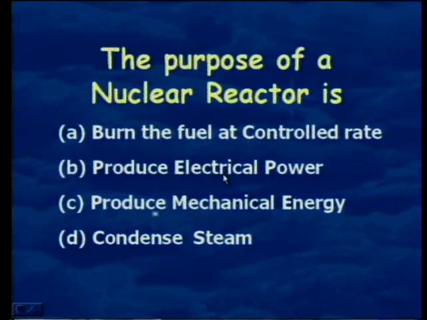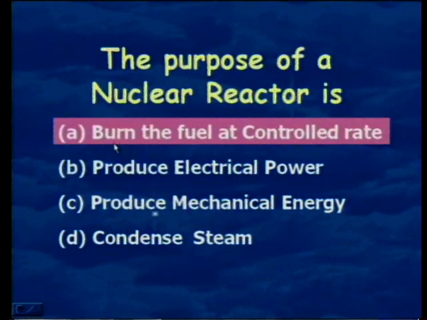Electrical power is generated by the generator, mechanical energy is generated by the turbine, whereas steam is condensed in a condenser. The purpose of a nuclear reactor is to burn the fuel at a controlled rate. As we have talked, this is the major advantage in a nuclear reactor, that we can control the reactions, isn't it?